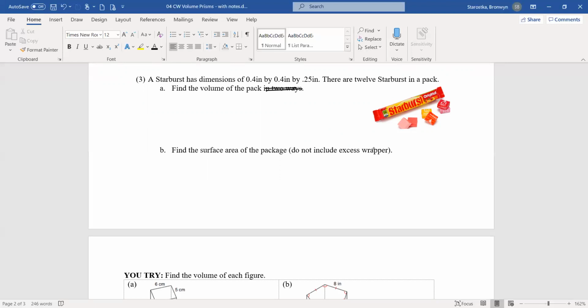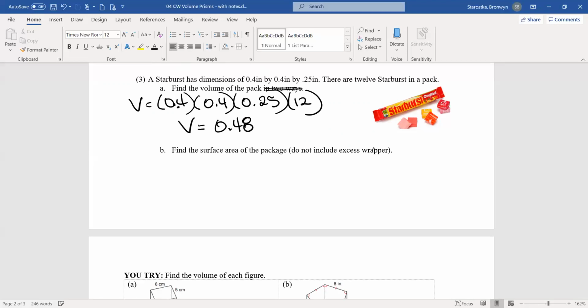So our volume, well, area of the base, 0.4 times 0.4, times our height, 0.25, and there's 12 of them. Our volume is 0.48 inches cubed, plugging into the magic calculator machine.